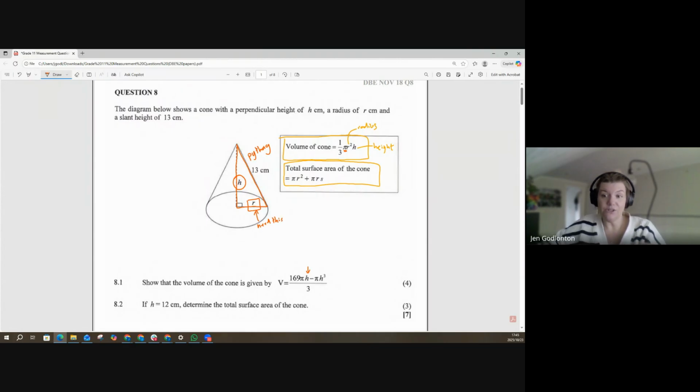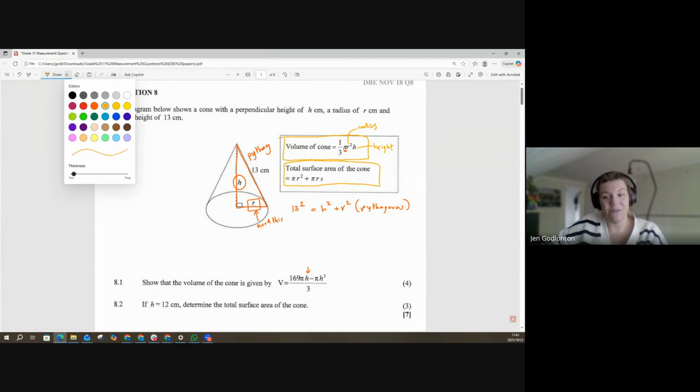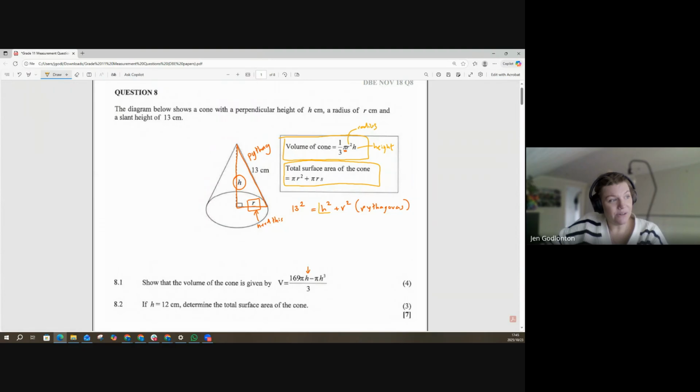Okay. So let's try and think about what that would look like if we use Pythagoras. If we use Pythagoras, we would say 13 squared is equal to h squared plus r squared. Would you agree with that? Yes, no, maybe, somewhere in between. Now, we don't need to know what h squared is.